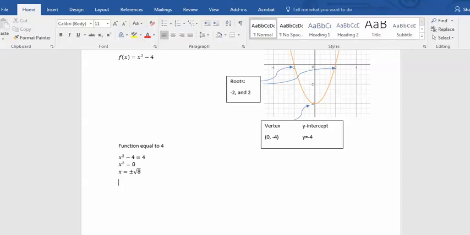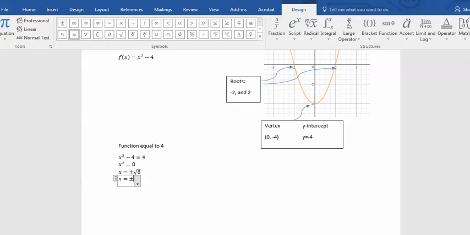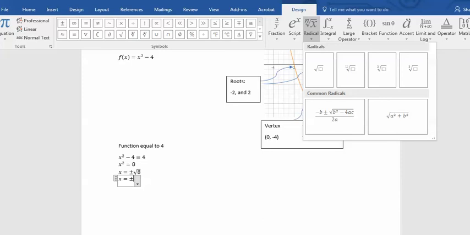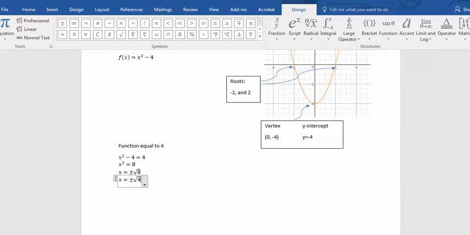And then on the back of the paper, I just showed how you could simplify your radical. So plus or minus, root 8 can be split into root 4 times root 2, right?